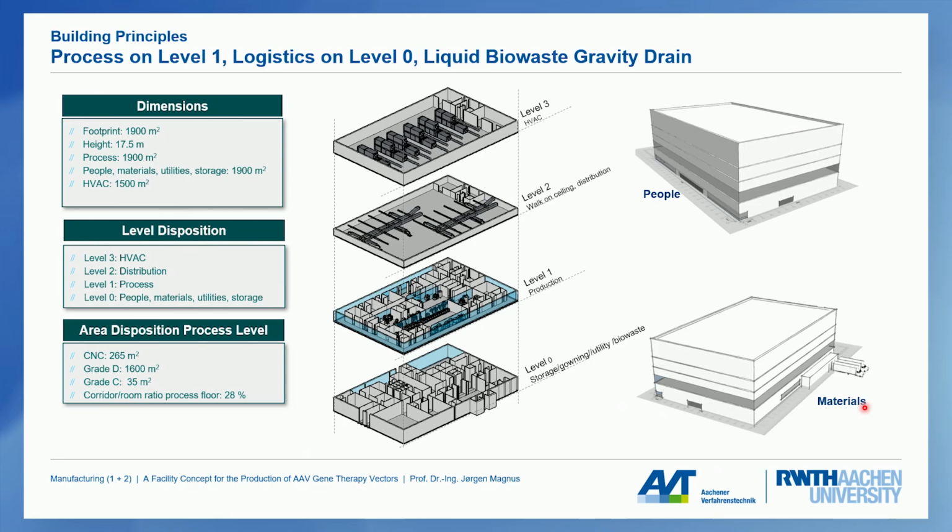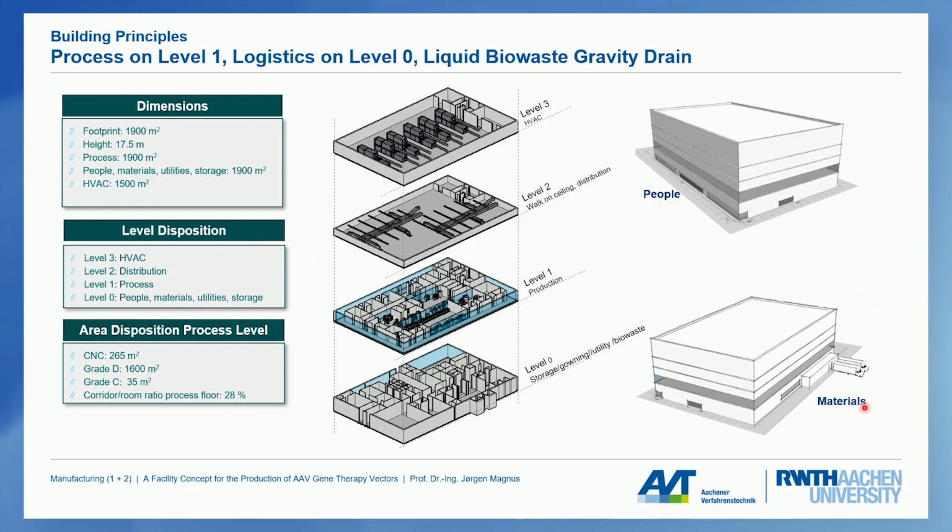You can also have gowning areas or places where people that enter the building can change from their street clothes. The kill tanks that inactivate the liquids that are contaminated with virus are also located down here. Other types of utilities, WFI generator, all of that will be on level 0.